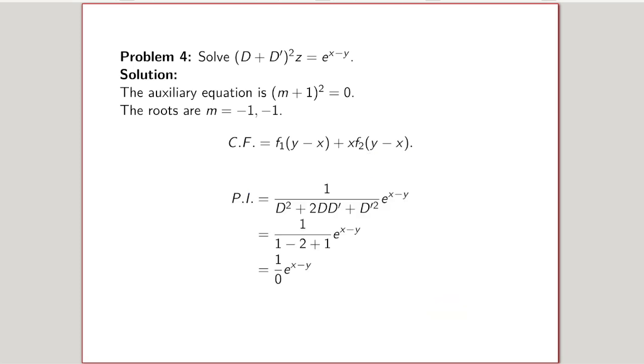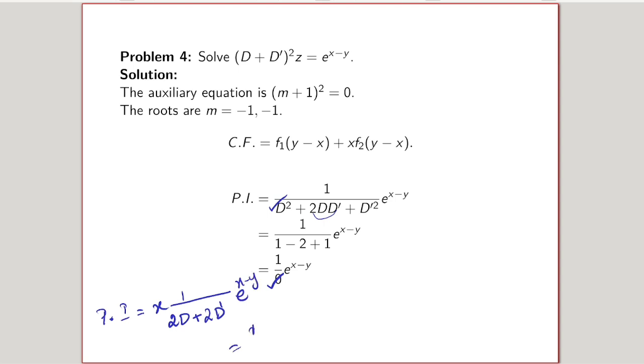Since we are getting 0 in our denominator, next we have to go for the derivative. So the PI can be written as x into 1 by the derivative of this part with respect to d. So we'll get 2d plus 2d dash, where d dash will act as a constant. If we differentiate with respect to d, we get the constant term alone, 2d dash, and the derivative of d dash square, a constant, will be 0, e power x minus y.